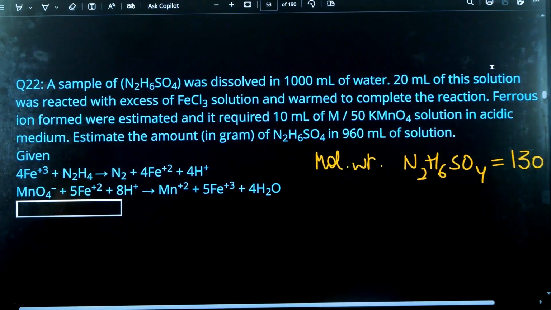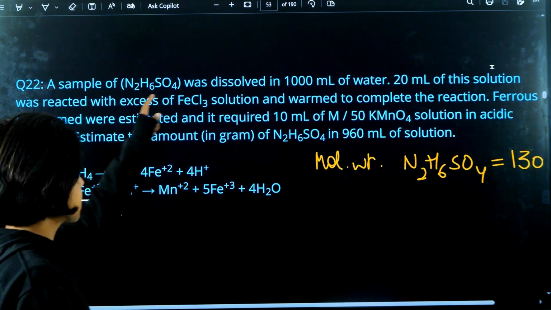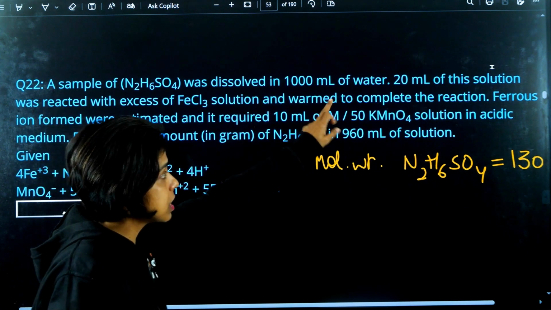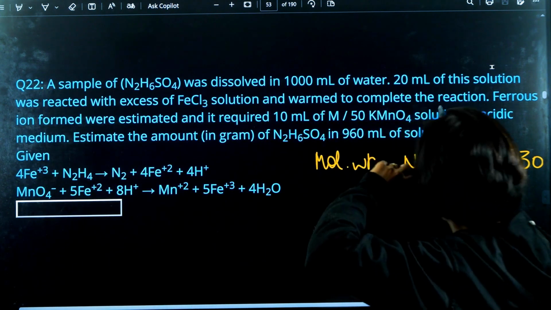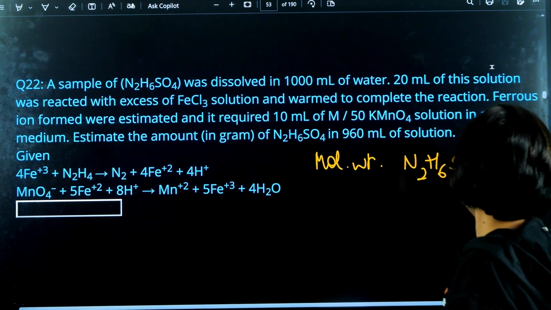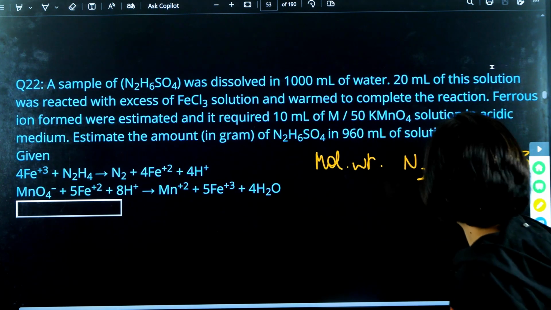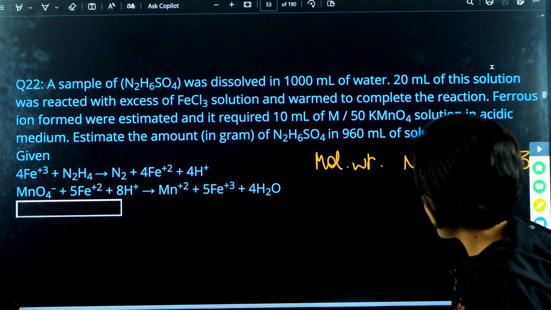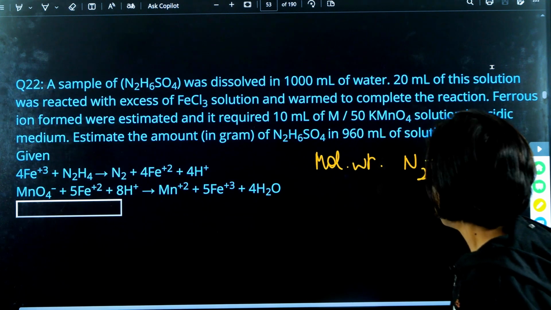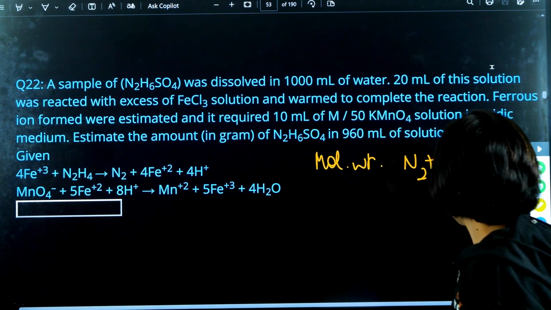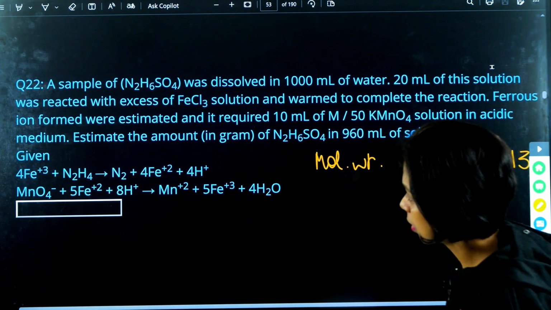Now this. A sample of N2H6SO4, these are the numeric value questions, guys, was dissolved in 1000 ml of water and 20 ml of this solution was reacted with excess of ferric chloride to complete the reaction. Ferrous ion formed was estimated and it requires 10 ml of M/50 molar KMnO4 solution.